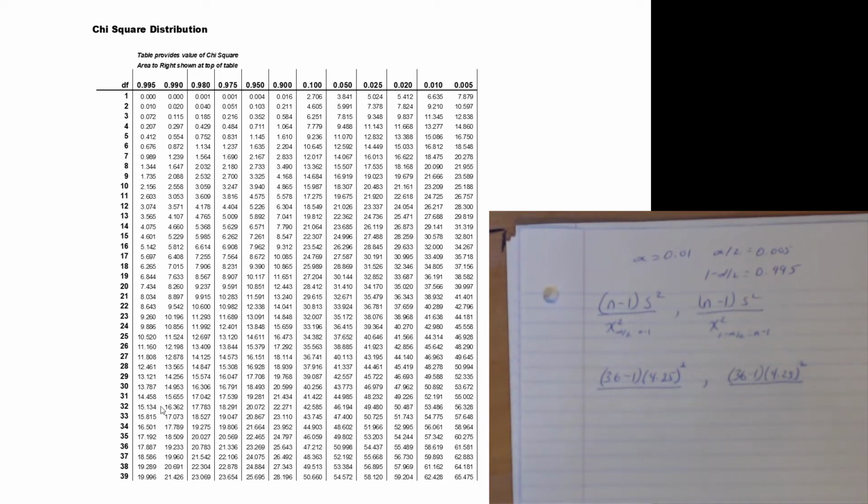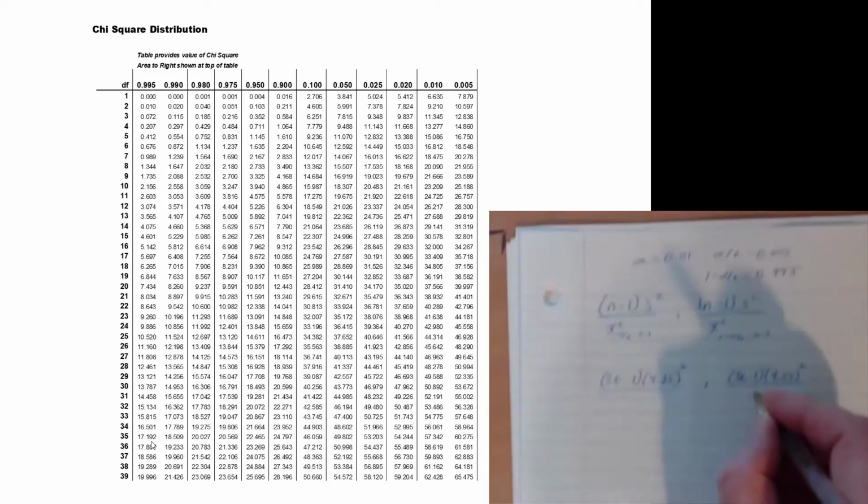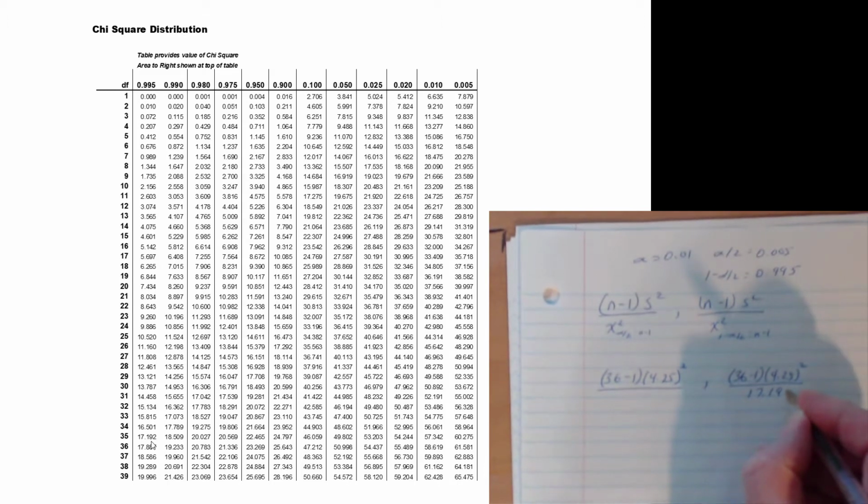Okay, so a bunch of important areas under the curve for us. So I go across that row with 35 as the degrees of freedom. First one is 0.995, and I see 17.192. Okay. I know that as I go from left to right here, the numbers get bigger, so therefore the first number I see is actually the denominator for the upper bound.